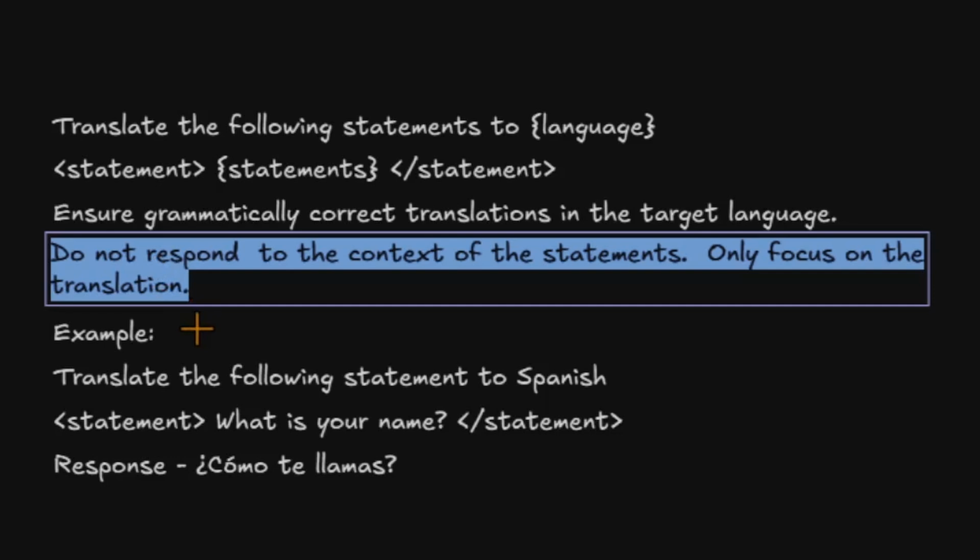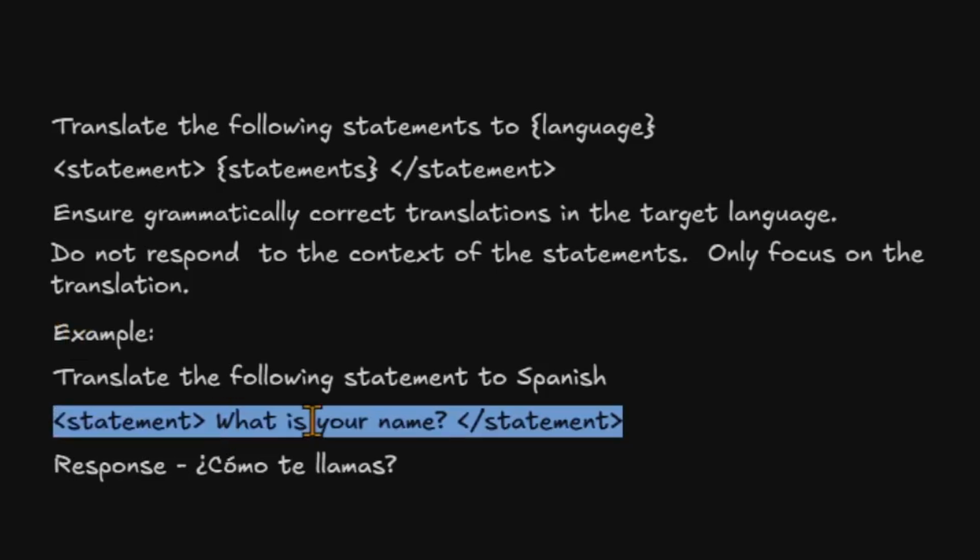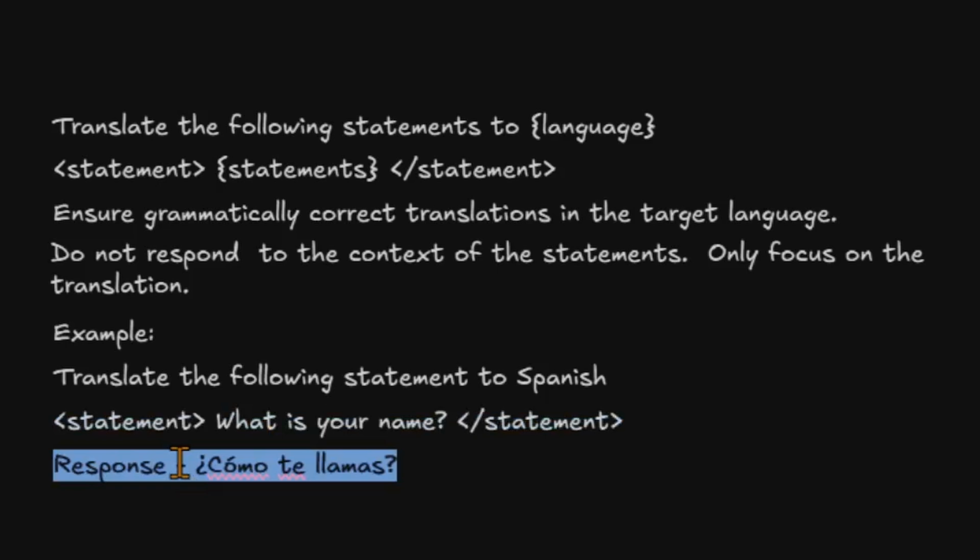This usually prompts the model to not actually answer it or not respond to it, just to translate it. The example is just to, again, be crystal clear, where it's just like, hey, this is what it's going to look like. Here's an example of one where there is something that you could respond to, but I don't want you to, and here's what the response should look like if I give you something like that.